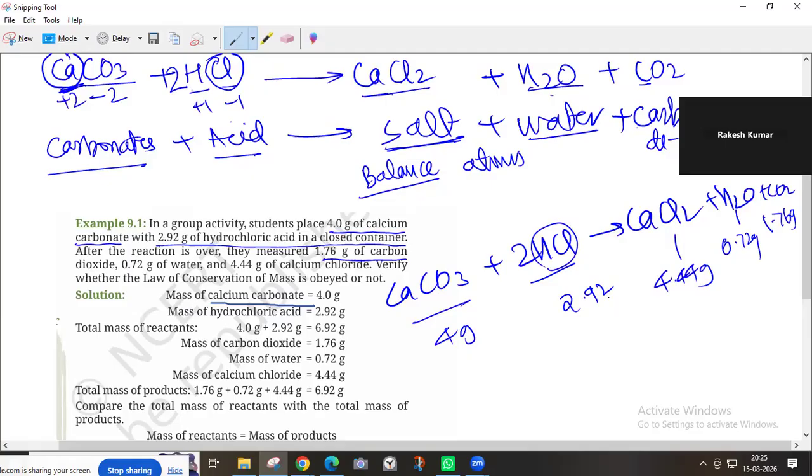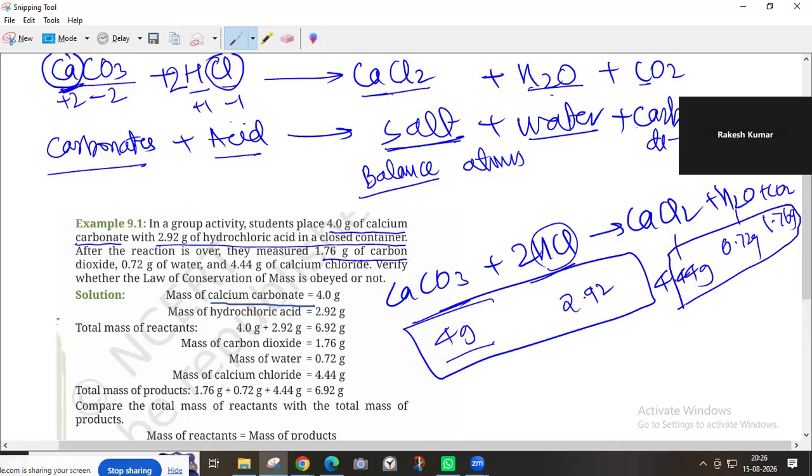The two molecules together make 2.92, so one molecule must be half of this. We can find the number of moles, but I'm not interested in that, because we have to know that the total of this is this, and the total we get is this.